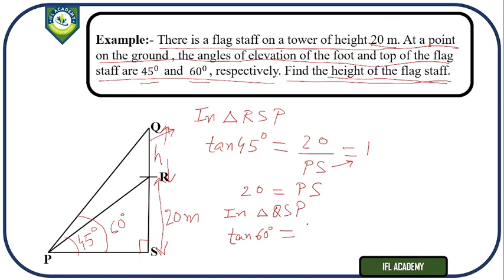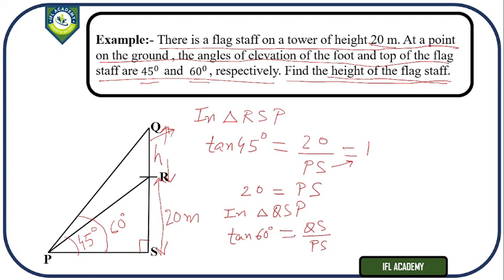Perpendicular is QS upon base is PS. See one thing, the line adjacent to the angle is called base and the line opposite to the angle is called perpendicular. So in right angle triangle QSP, for angle 60 degree, opposite side is QS, so QS will be perpendicular, and adjacent side is PS, so PS will be base.